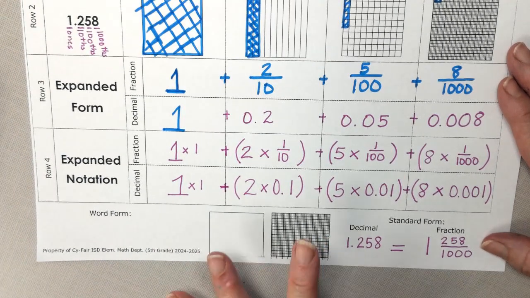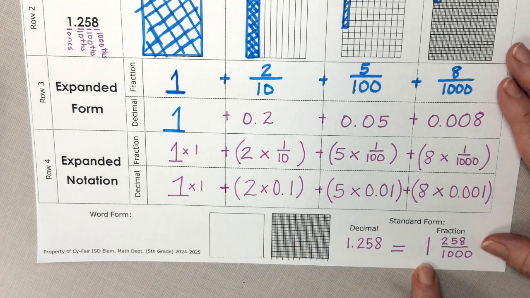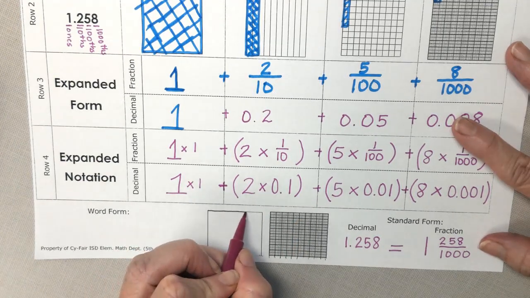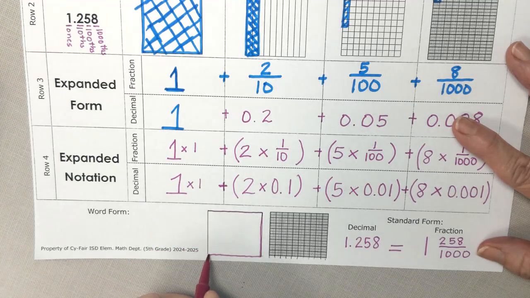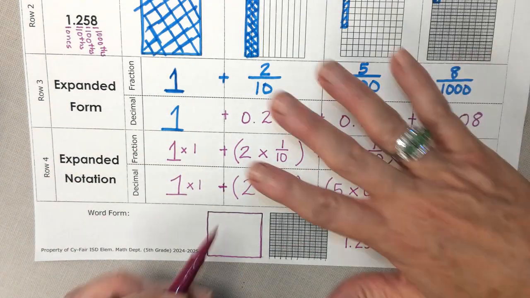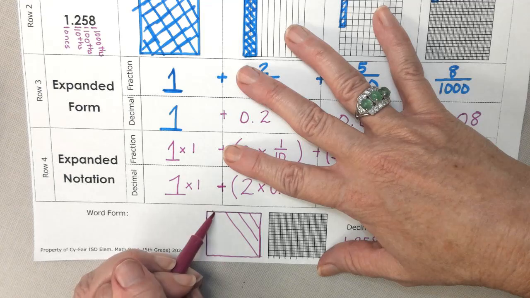I'm going to actually do the model next. So if we go to our fraction, we have the whole that needs to be represented just like we started with. We're putting this all back together. So I'm going to shade in my whole that represents the number 1.